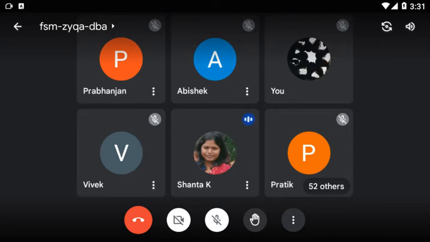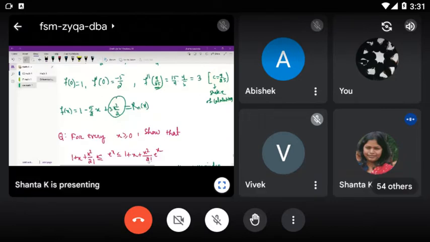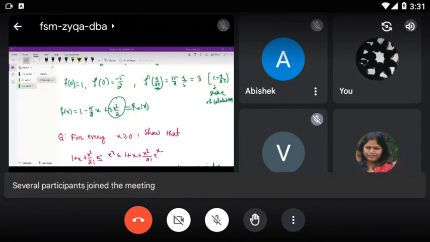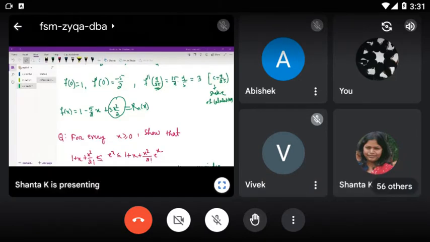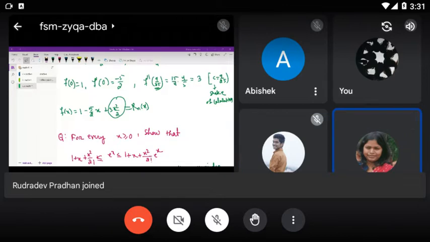So, we are doing Taylor's theorem, Taylor series expansion, and Maclaurin series expansion. This one you have done? Last class I gave you this one. Is the screen visible now?